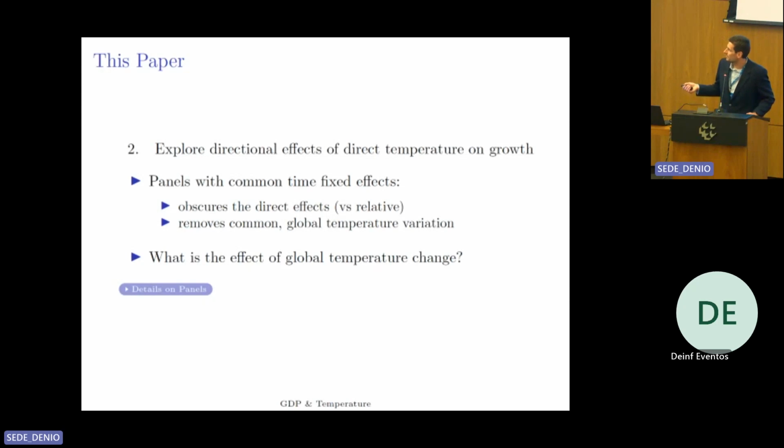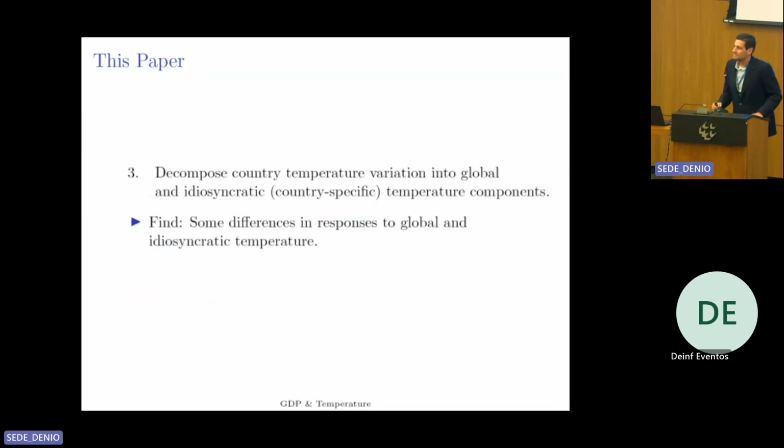And so one of our other contributions is we want to look at the effects of global temperature change in this context. And then finally, we are going to decompose the country temperature variation into a global component, so think of the global temperature component, and the idiosyncratic, country-specific component. And so we can separately analyze the effects on GDP of changes in global temperature and idiosyncratic temperature.